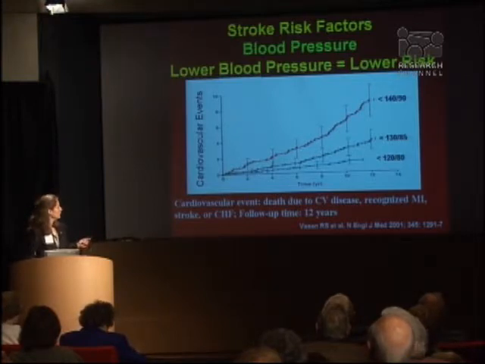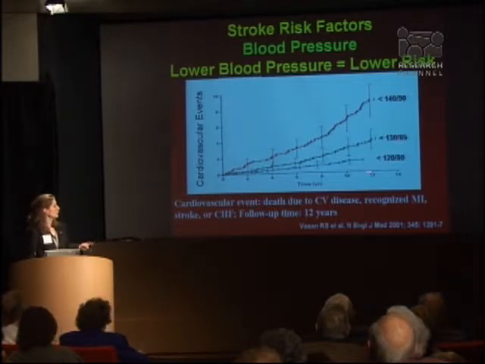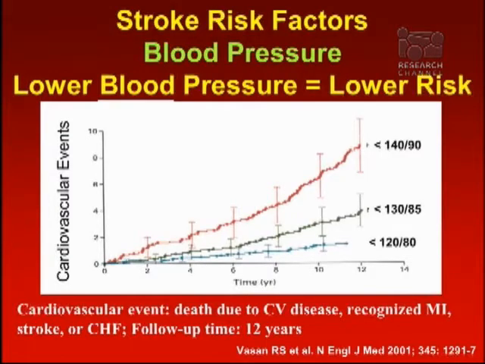As you can see here in this yellow line, compared to the other individuals who had lower blood pressures, they had higher cardiovascular events. And in this study, cardiovascular events were heart attacks, death due to cardiovascular disease, or stroke. So again, even if you have borderline high blood pressure, it's very important that you treat that and get it under control.